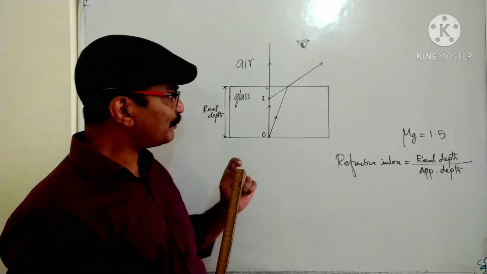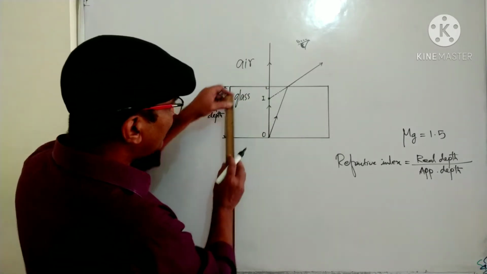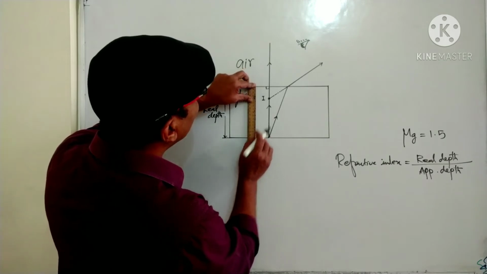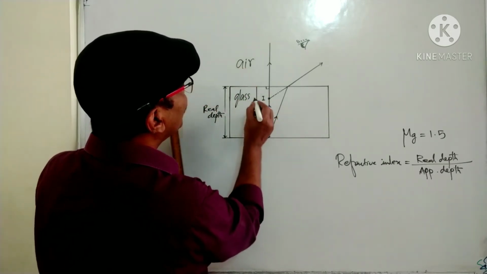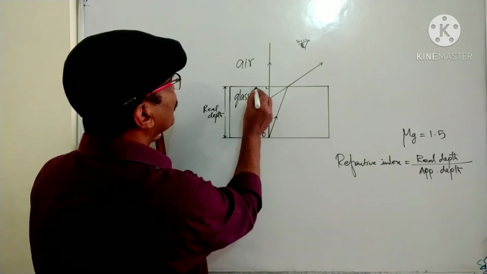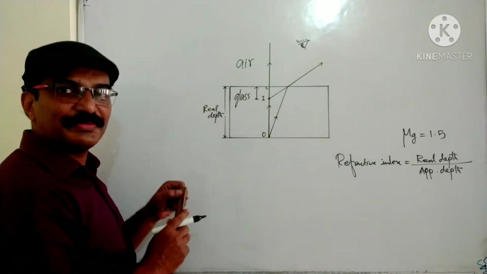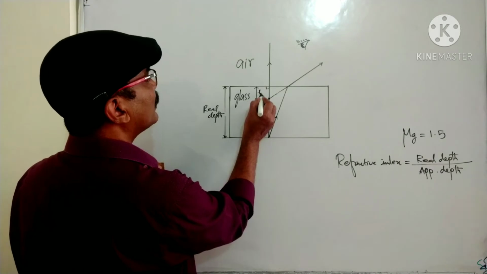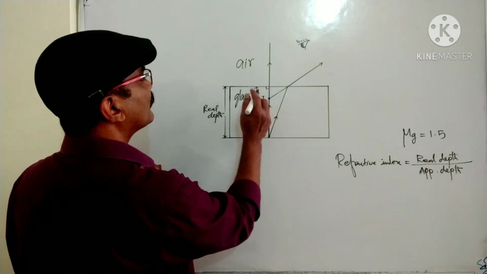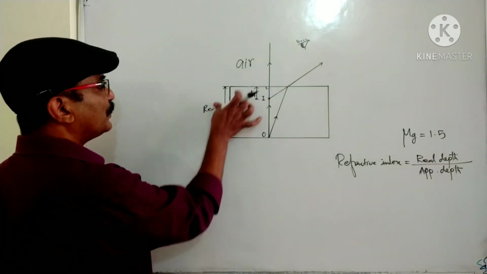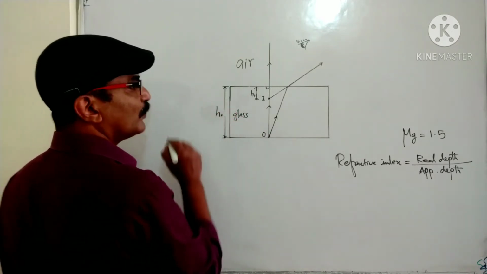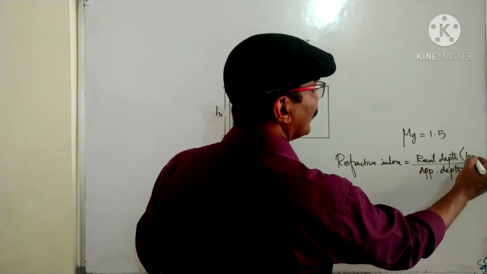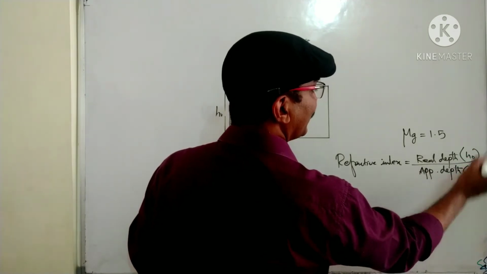Then what is apparent depth? As per this diagram, apparent depth is from here to here. This is apparent depth up to here only. Isn't it? May I show it with the symbol like HI. And real depth I am going to express by the letter HO. Okay. Real depth is HO, apparent depth is HI.